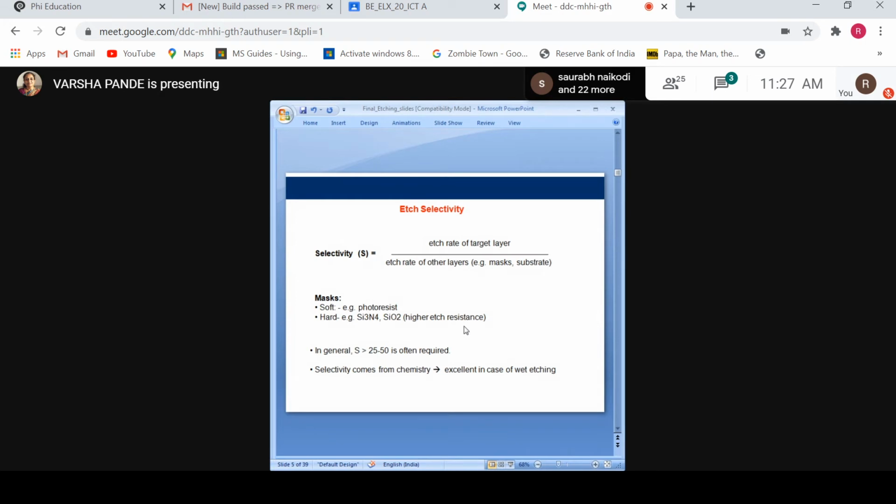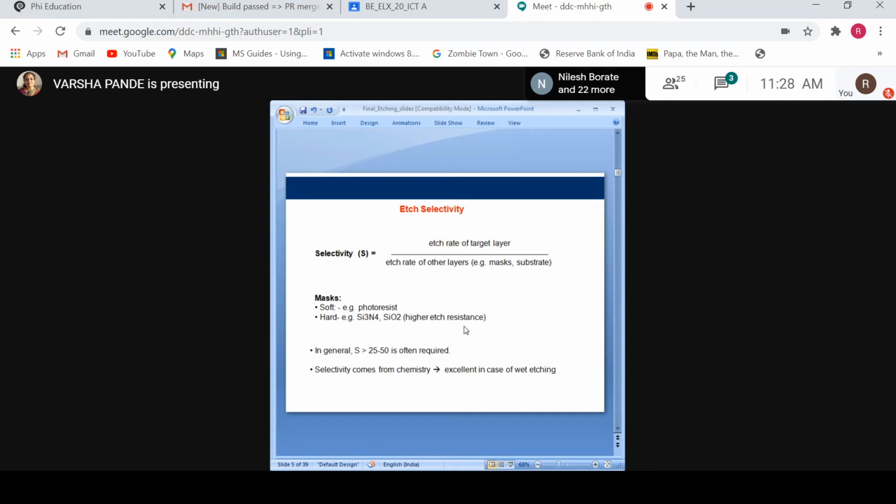The etch rate of the target material should be high in the particular solution compared to the etch rate of other layers, so that only the targeted material will be removed and other material will not be removed. In general the etch rate selectivity should be greater than 25, or between 25 and 50.